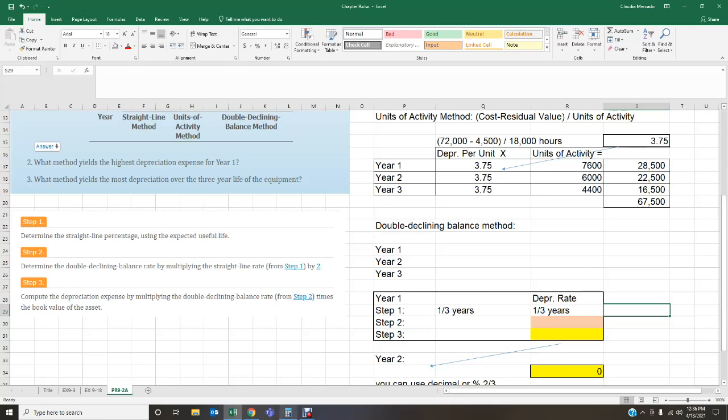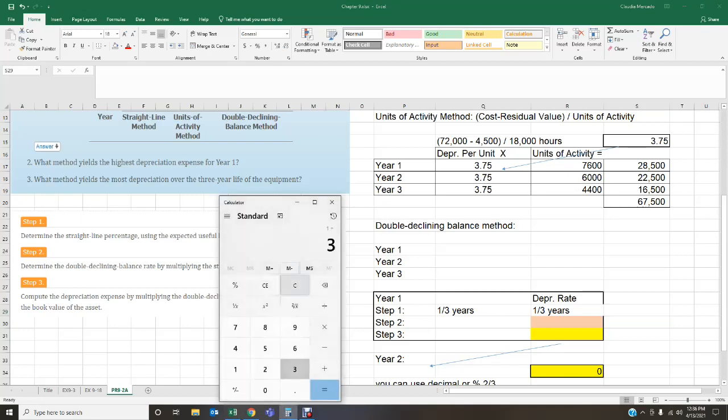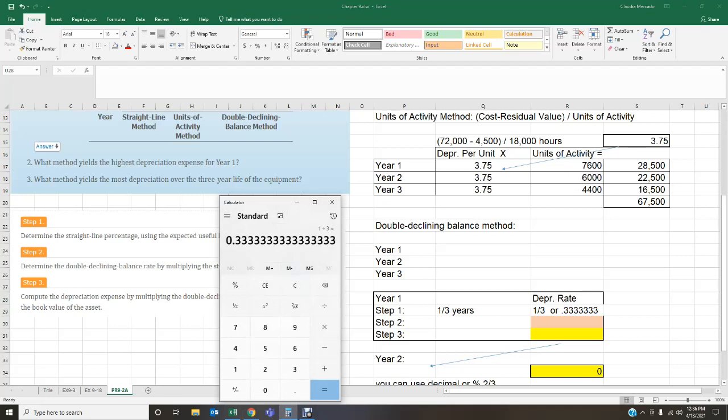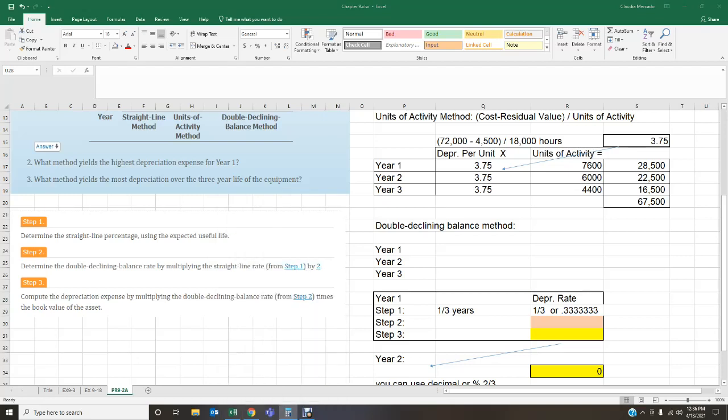If we were to do that, 1 over 3 gives you 0.3333. So you can either use the fraction 1 over 3 years, or you can use 0.333333. And I'm going to put that here. That would be your rate, either or. 1 over 3 gives you 0.33333.